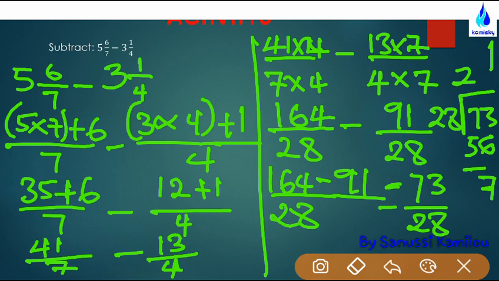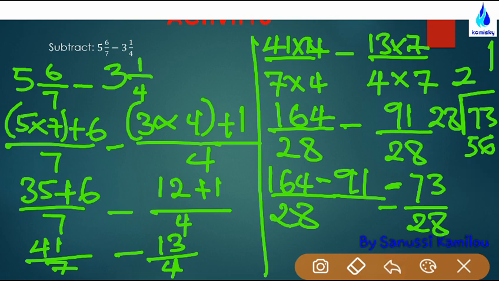Don't forget that maybe you have borrowed, as you have been saying. So this one was 6, so you have 17. So now the whole number we got here will be 2. And we are going to continue the division with 17 over 28. So meaning our final answer will be 2 whole number 17 over 28.